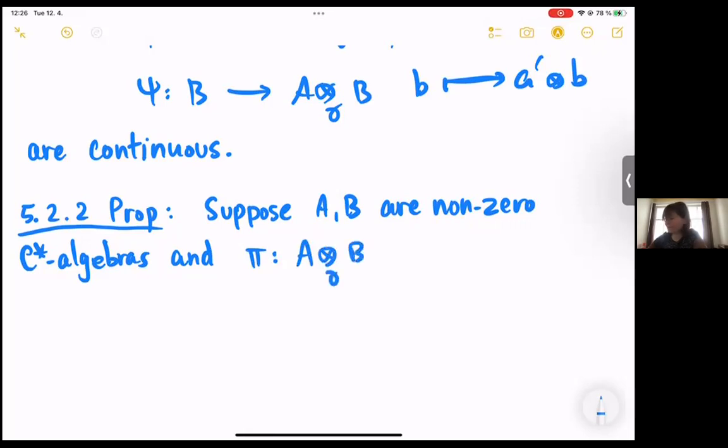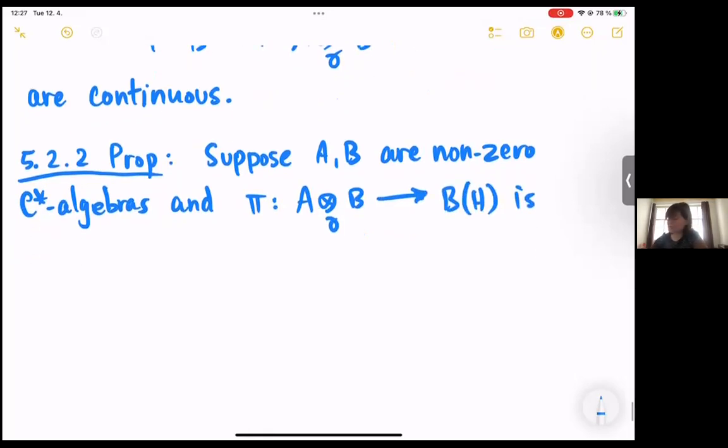If we have a representation of the tensor product with respect to this tensor norm, some C-star norm, this is a non-degenerate representation, then we can always find non-degenerate representations of A and B that interact in a suitable way with this pi here.